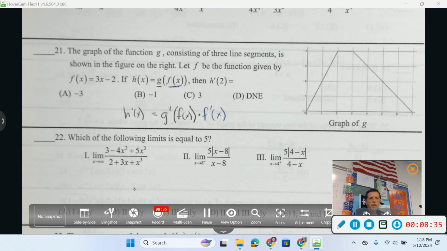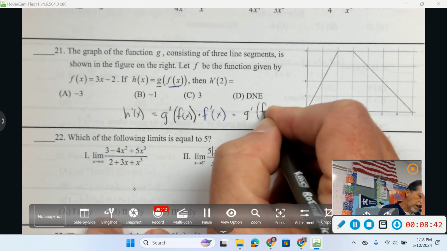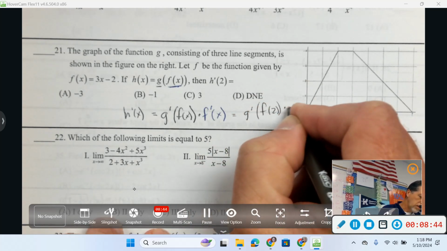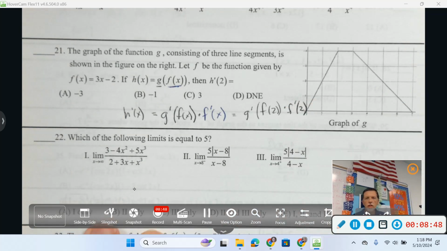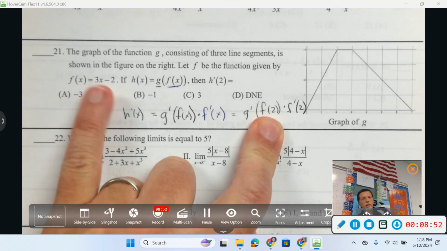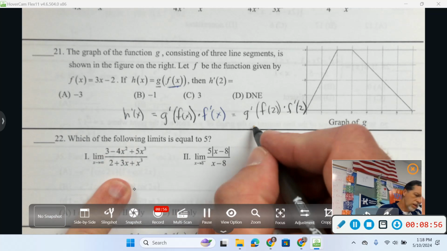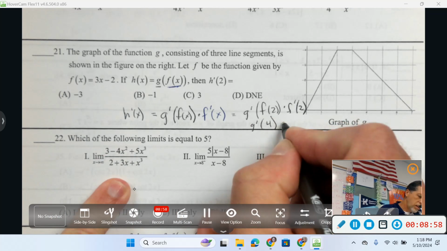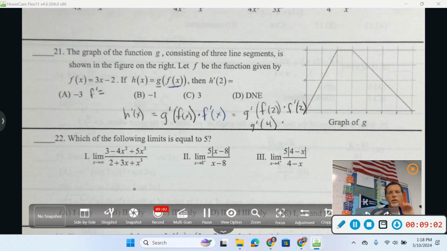Okay, so now let's plug in 2 and see what happens. So g prime at f of 2 times f prime at 2. F of 2 we can get from our function over here. F of 2 would be 4. F prime of 2, so I need a derivative of f.